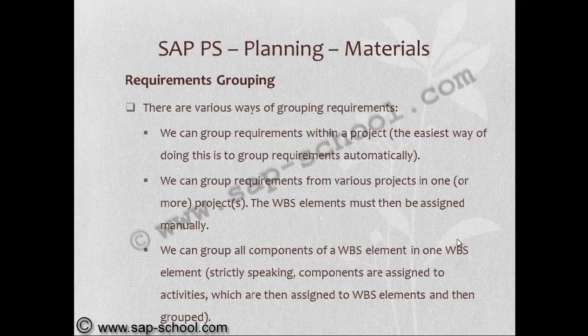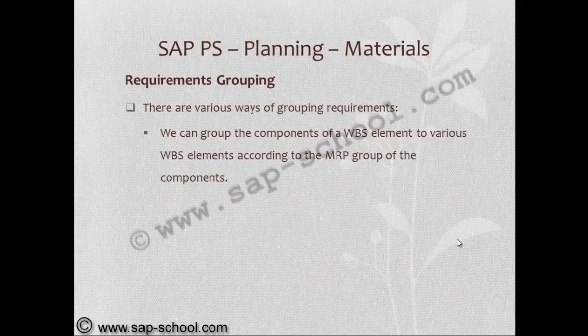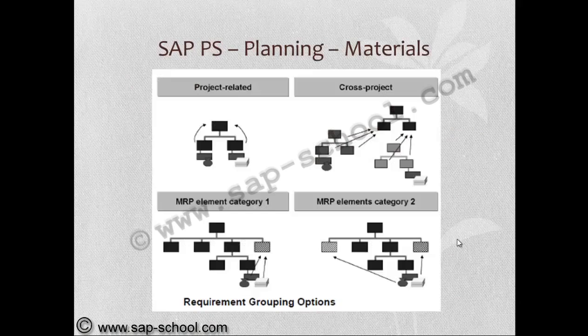Strictly speaking, components are assigned to activities which are then assigned to WBS elements and then grouped. We can group the components of a WBS element to various WBS elements according to the MRP group of the components. So we can see the requirements grouping options: project related, cross project related, MRP element wise, MRP element, second category.